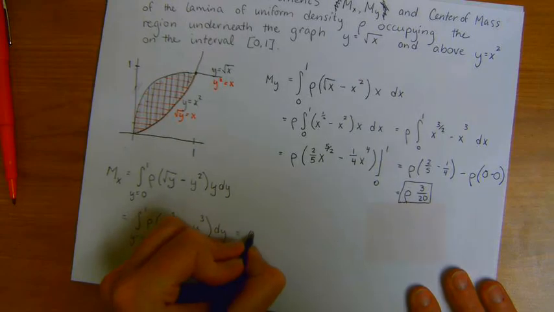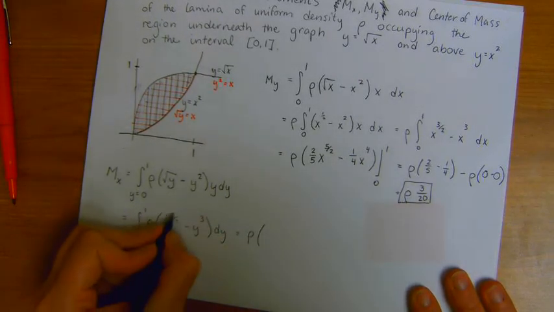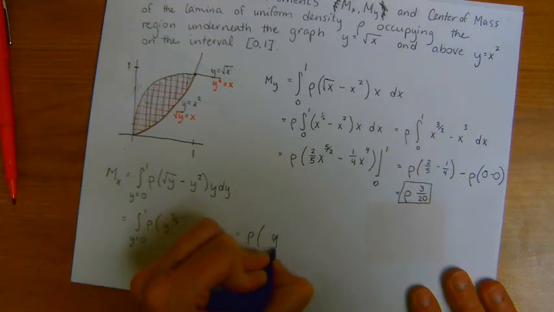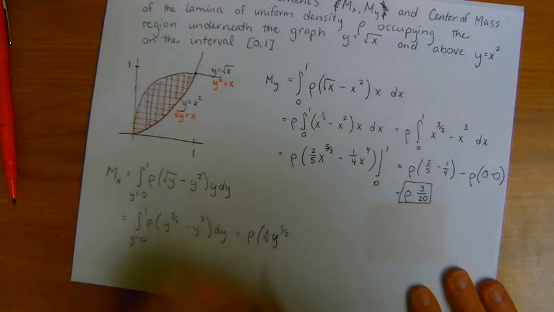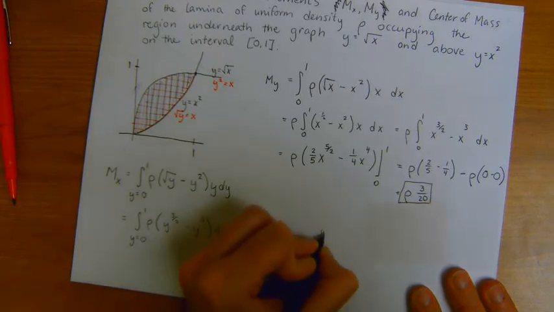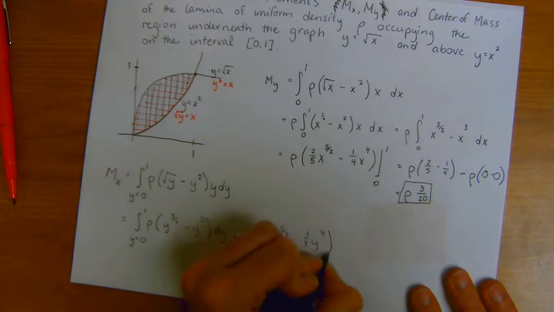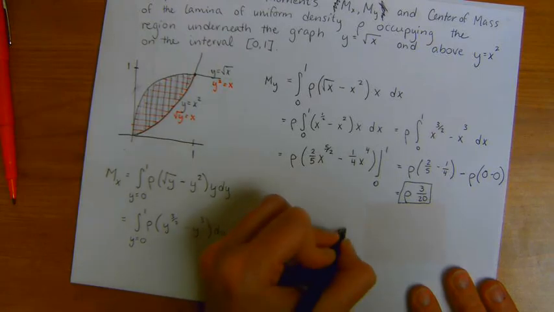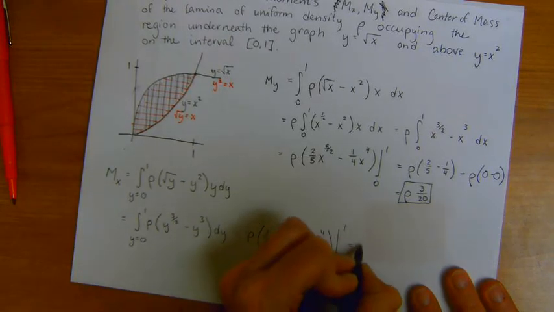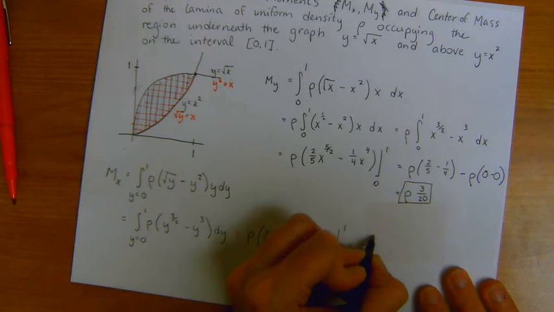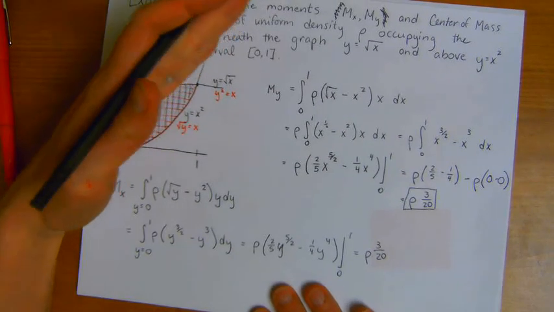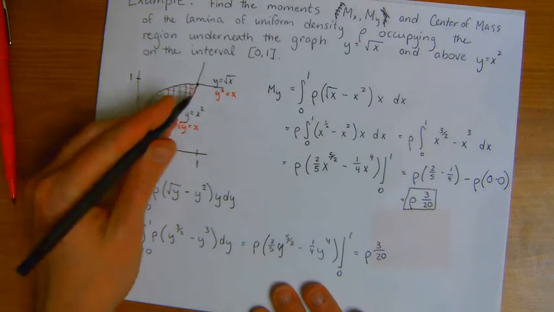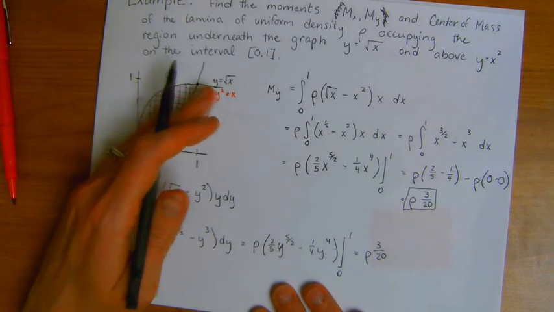When I integrate, I get rho times, raising by 1, y to the 5 halves times 2/5 minus y to the 4th divided by 4. I evaluate it as y goes from 0 to 1. And notice that because of the symmetry of this function, I end up with the exact same value. And that makes sense because although this picture looks a little sloppy, this region is symmetric about the x and the y-axis.